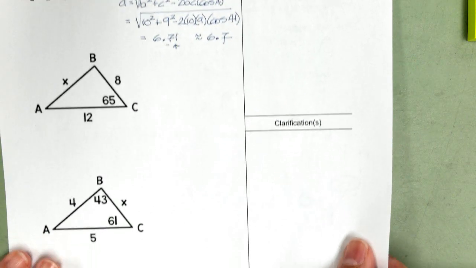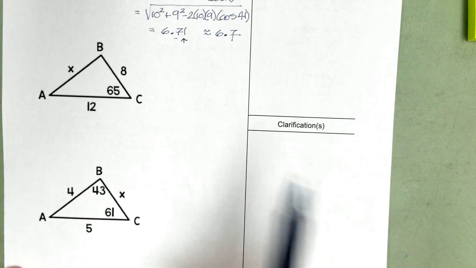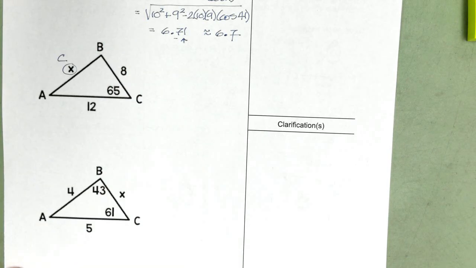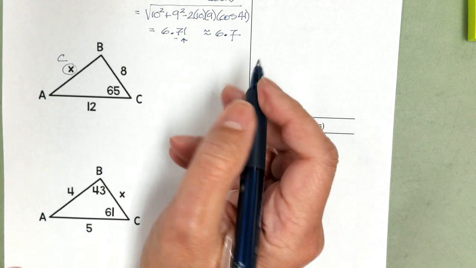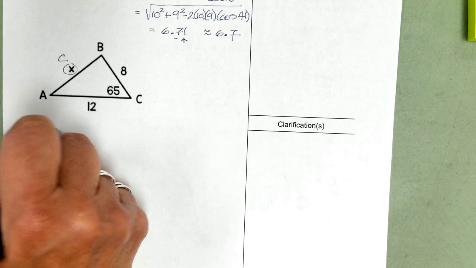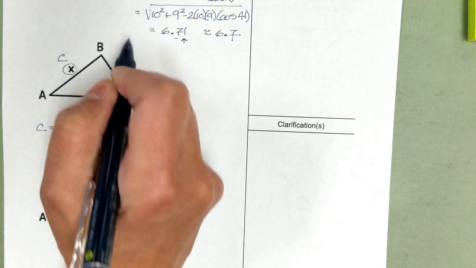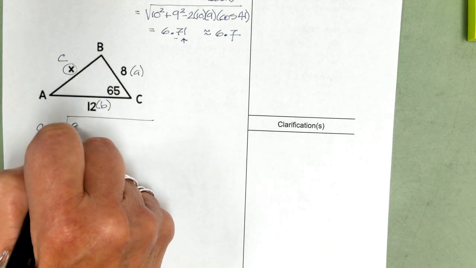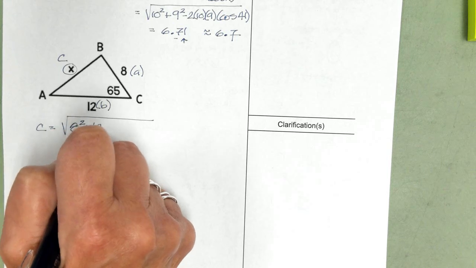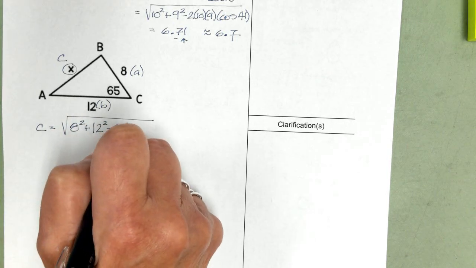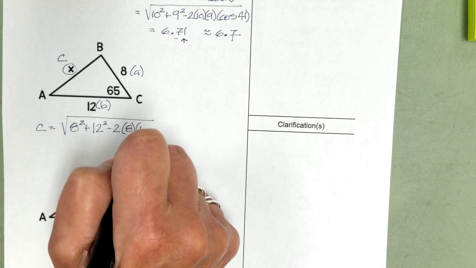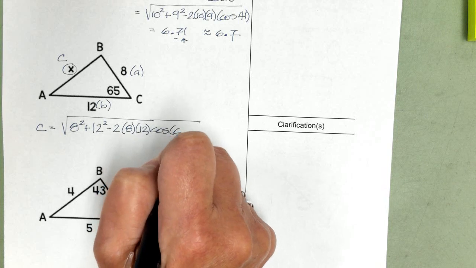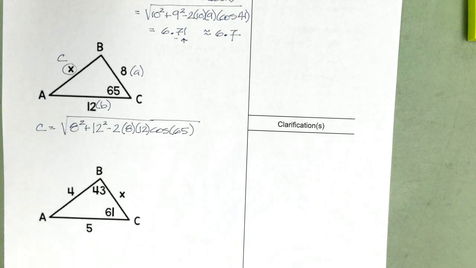All right. So moving down here, notice that this side is opposite of angle C. So we're going to take C equals the square root of, this is A, and this is B. A squared plus B squared minus 2 times A times B times the cosine of C, which is 65 degrees.